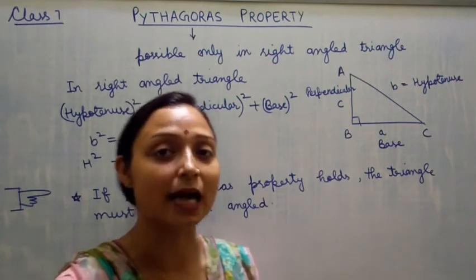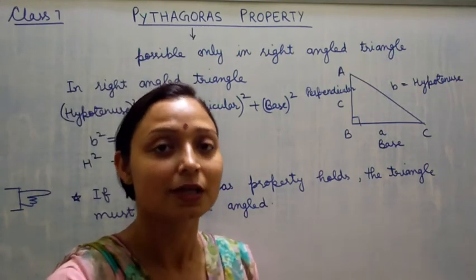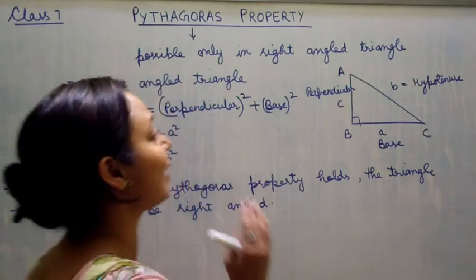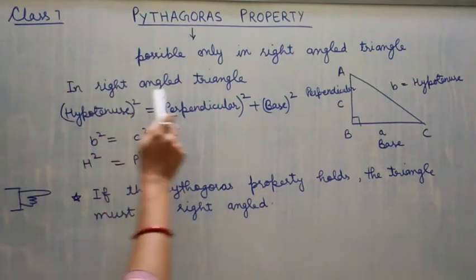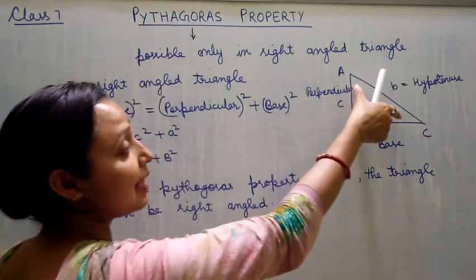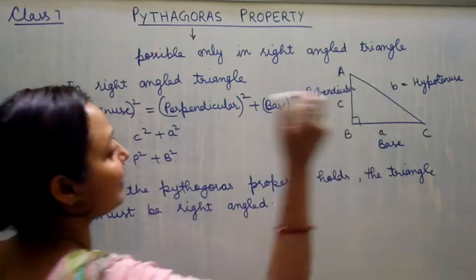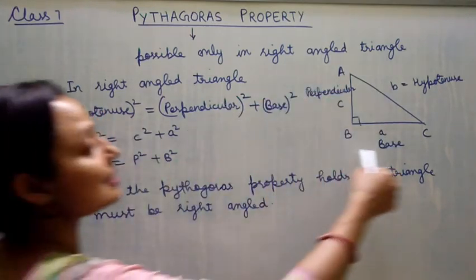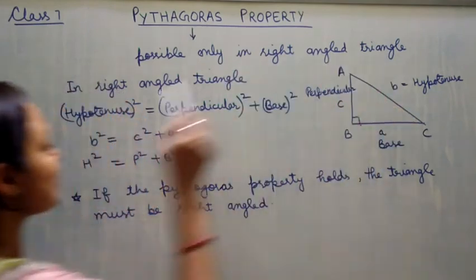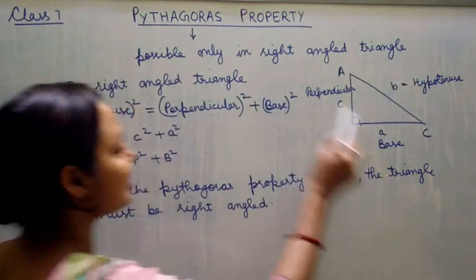What is the use of all these sides, the hypotenuse, perpendicular and base, to come to the Pythagoras property? In a right angle triangle, hypotenuse square, that means this length square, is equal to perpendicular square plus base square. In this triangle the hypotenuse is b, the perpendicular is c and the base is a.